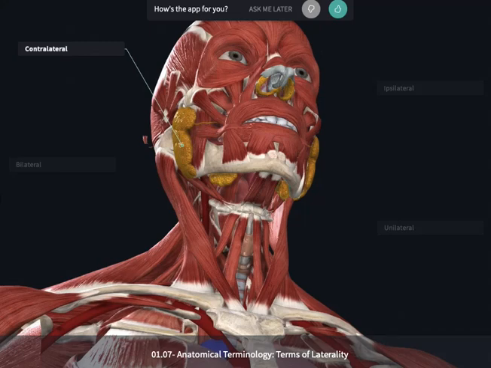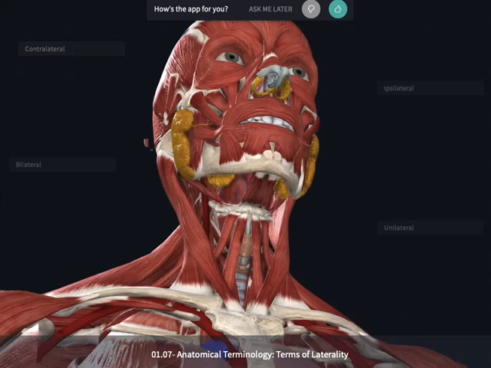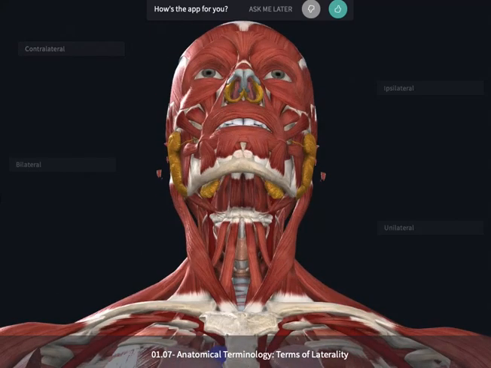Now, just because a structure is contralateral to something else doesn't mean it couldn't also be bilaterally located. So my salivary glands will have a counterpart on the opposite side, so they could be bilateral. However, if I'm describing different structures on opposite sides of the body, I would call them contralateral to one another.